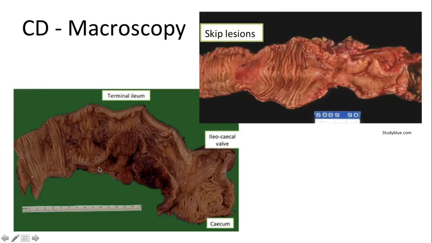This is what Crohn's disease looks like macroscopically. On gross appearance, the most striking feature is the skip lesions. Skip lesions mean you have areas of inflammation alternating with normal uninvolved mucosa. Here you have inflamed mucosa, and here you have inflamed mucosa, but you have normal in between, separating the areas of inflammation.